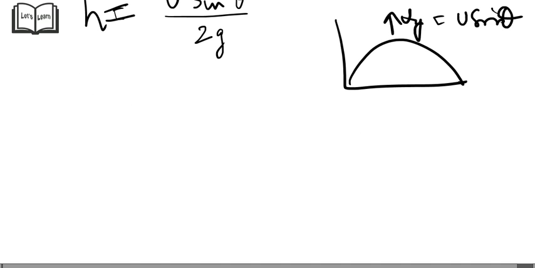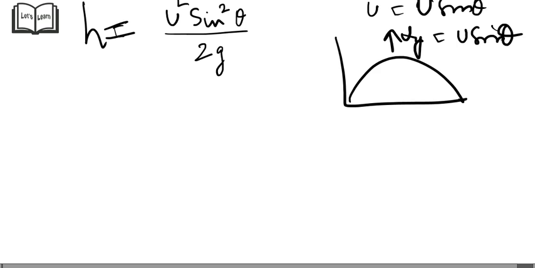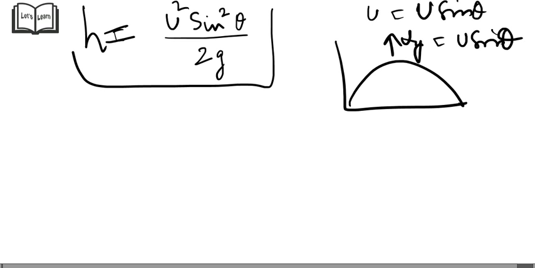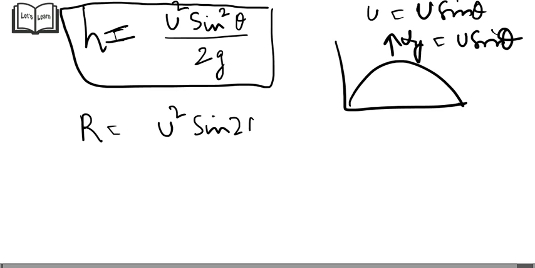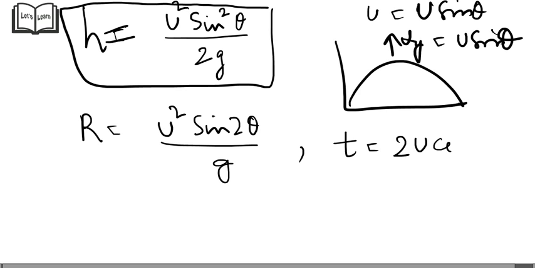Okay. So the maximum height is this, and the range was u square sin 2 theta by g, and the time taken was 2u sin theta by g.